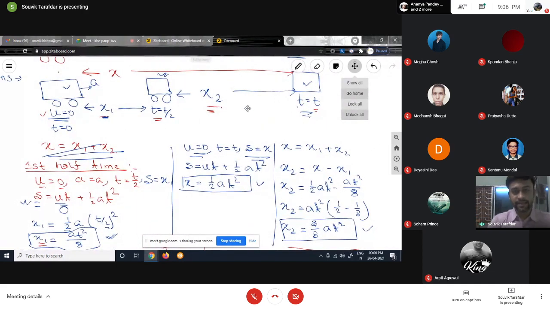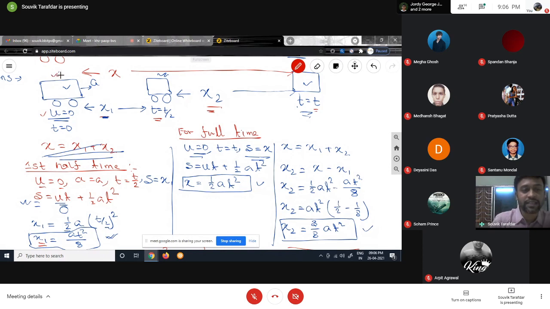Student, see here. In this case, this is the first half and this is for full time. If we are taking full time, at this point the journey has started, and at this point the journey got ended, isn't it? At the start, what was the time? t is equal to 0.